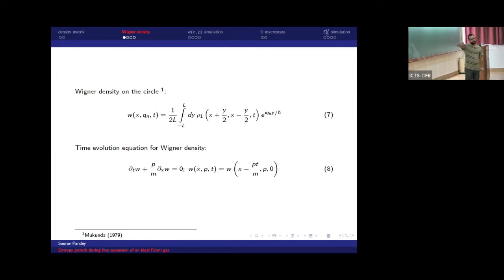If you assume the circle is of length 2 pi, then the circle momenta are basically integers, but the Q values here are integers as well as half-integer values. So this Wigner function is defined for twice as many points as you have circle momenta, and it is just the Wigner transform of the single particle density matrix.